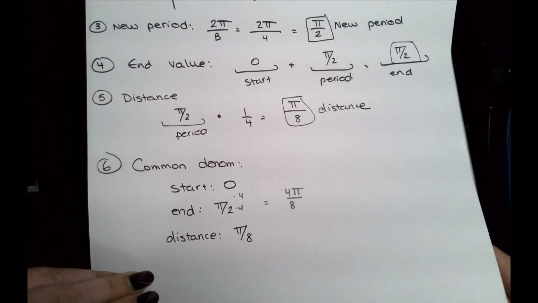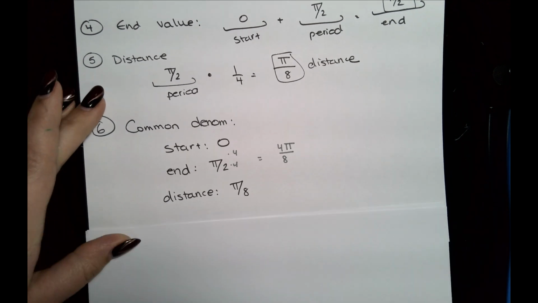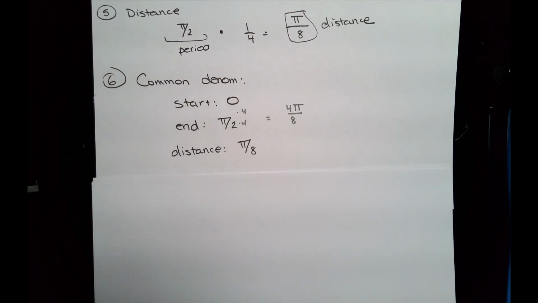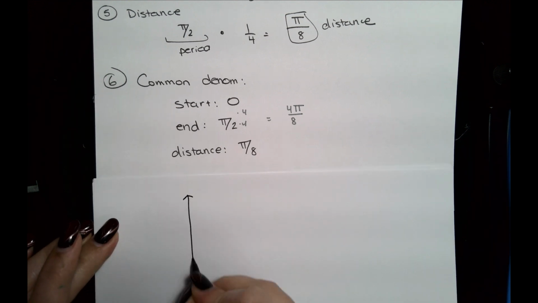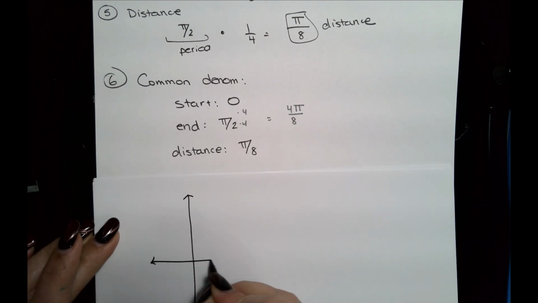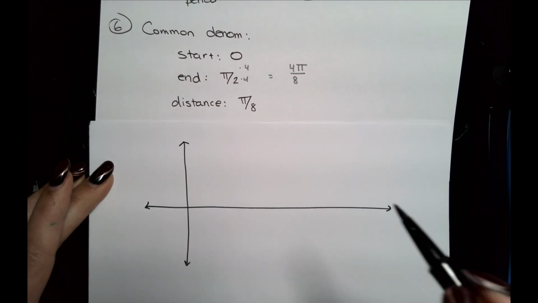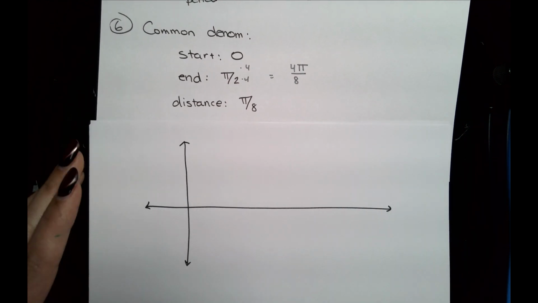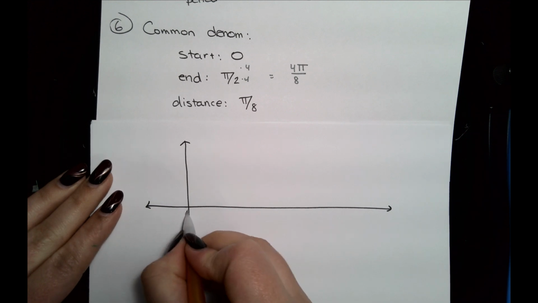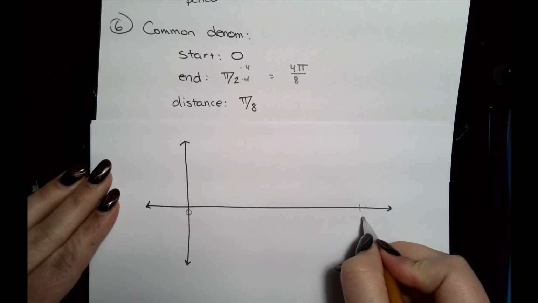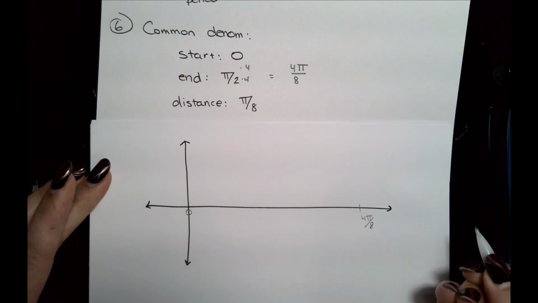Let's go ahead and graph our last example. Looking at our start and end values, notice I don't have anything negative. So here's an example of where we do not need to have any negative x. So we're going to make that very short. Switching to pencil, always switch to pencil. We got 0 as our start. Our end is 4 pi eighths. We will change that back to simplified.